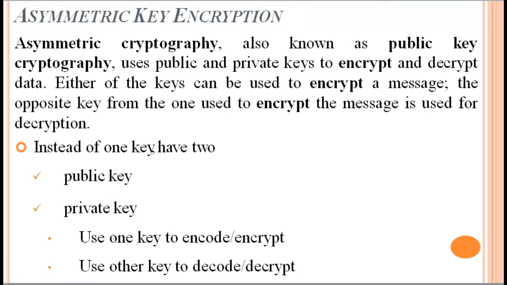If the sender uses a public key, then the receiver uses their own private key for decryption. So here two keys are used for encryption and decryption. One is private and the other one is public. One key is used to encrypt or encode, then the other key is used to decrypt or decode.